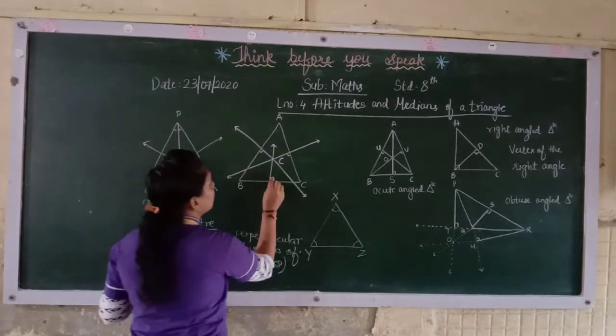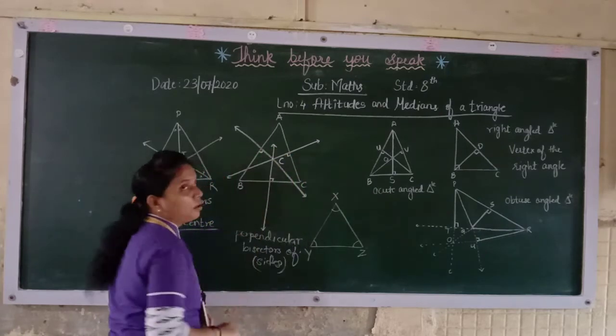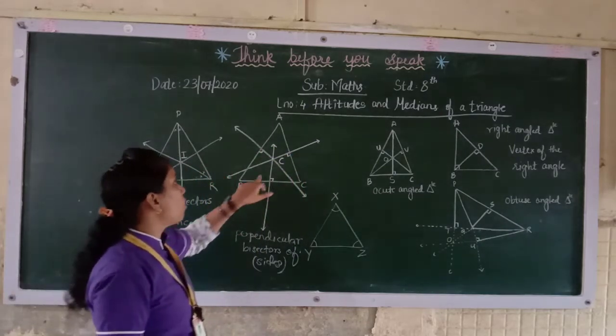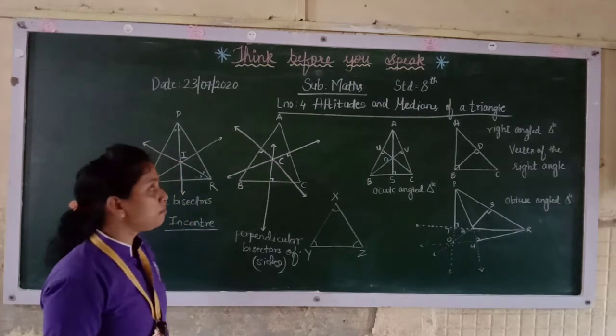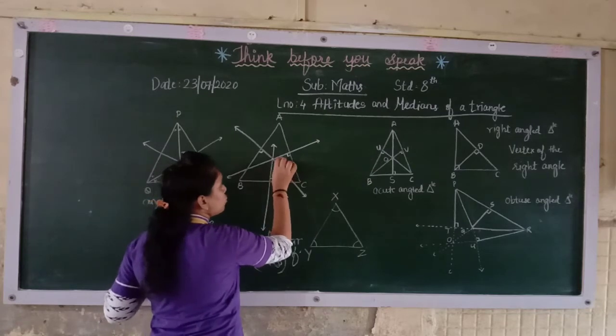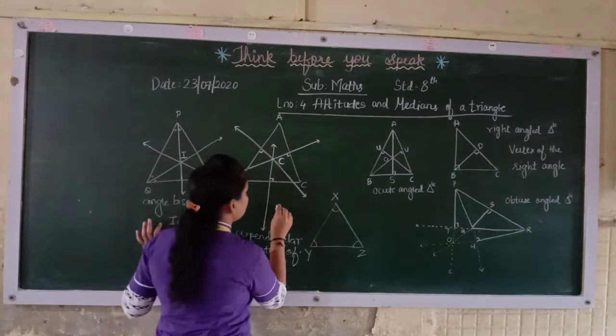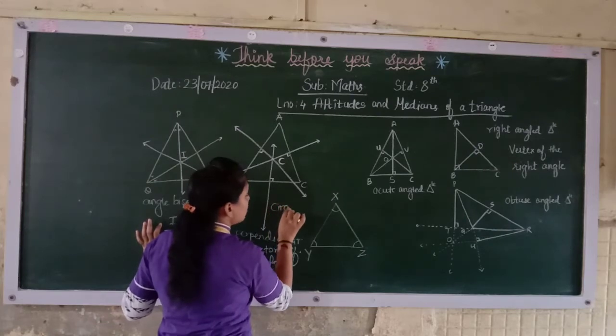Here, if you see the 90-degree mark, they are the perpendicular bisectors. Now where all the perpendicular bisectors meet, the point of concurrence, that is denoted by C, and it is known as the circumcenter.